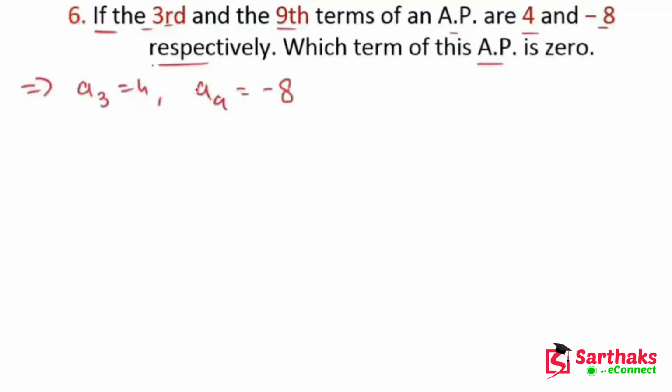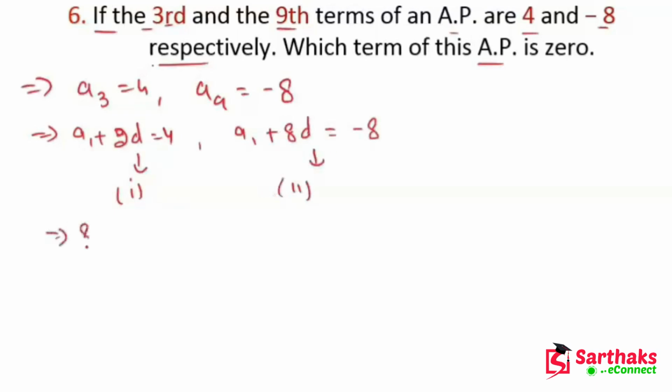From these values, we can easily find a and d. a1 plus 2d equals 4, which is equation first, and a1 plus 8d equals minus 8, which is equation second.